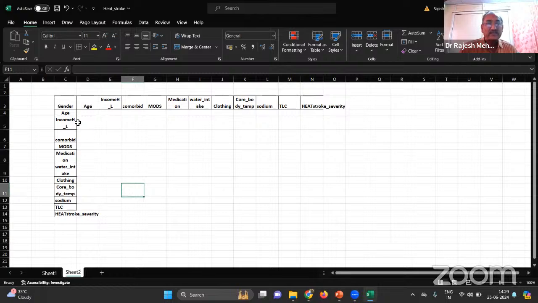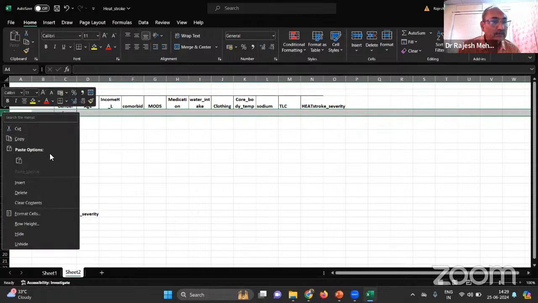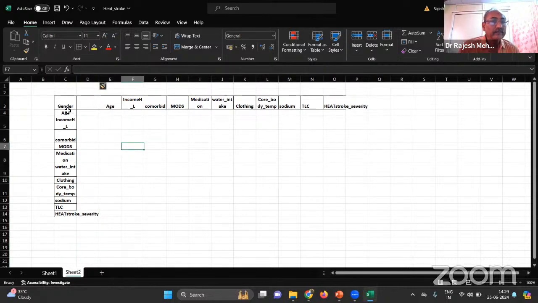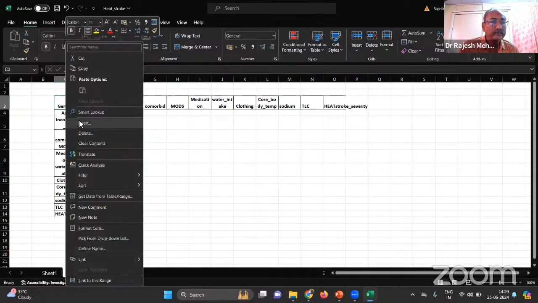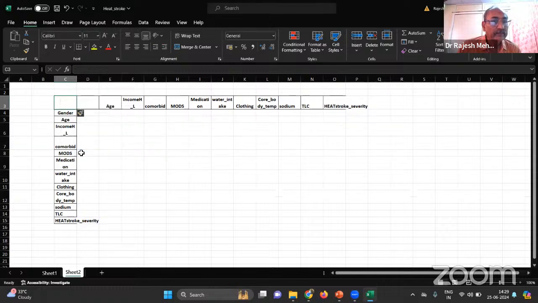But that is not the answer, because when you have this kind of table, 12 into 12, theoretically it seems 144.